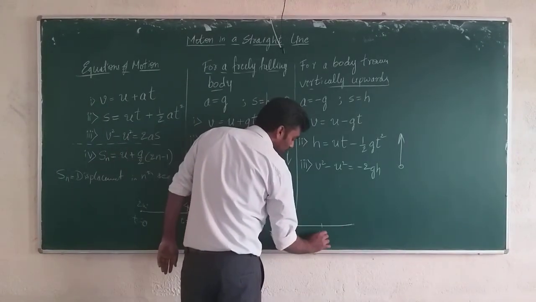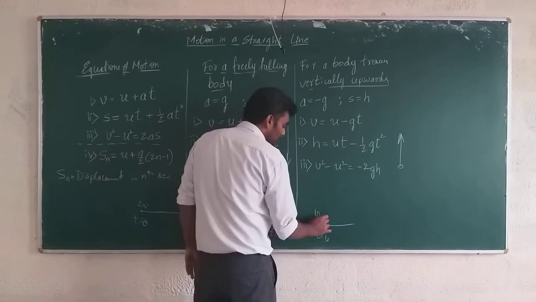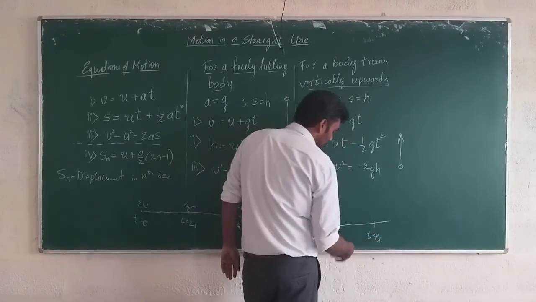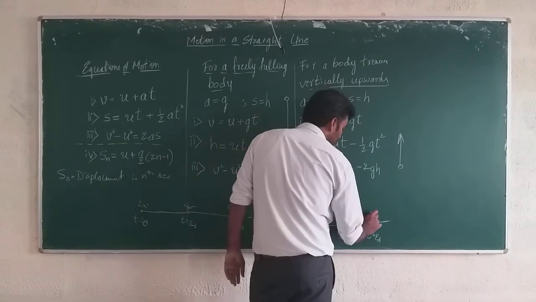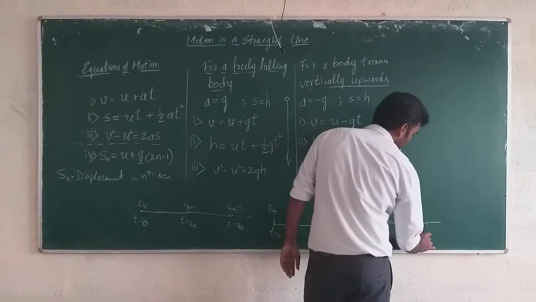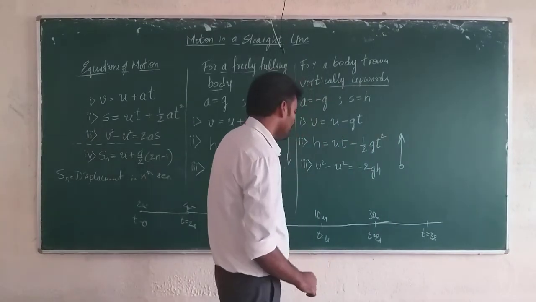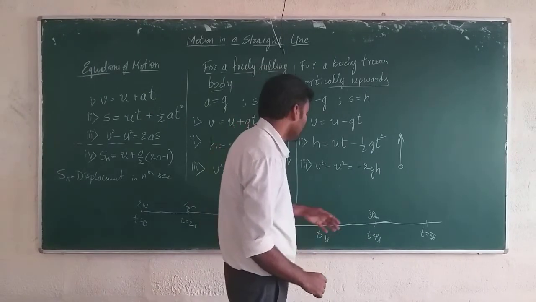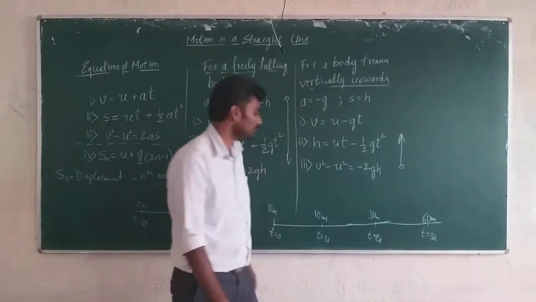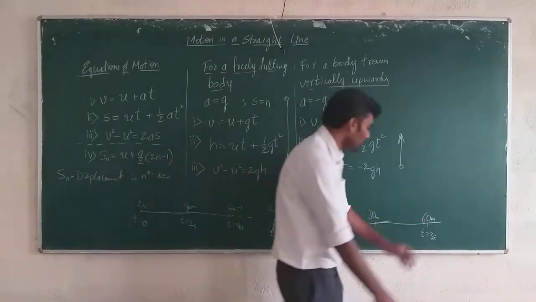At t is equal to 1 second, we find that the body has covered 10 meters. At t is equal to 2 seconds, the body has covered 30 meters. After t is equal to 3 seconds, the body has covered 60 meters, and hence it keeps on going.